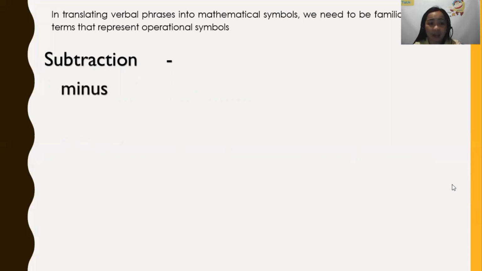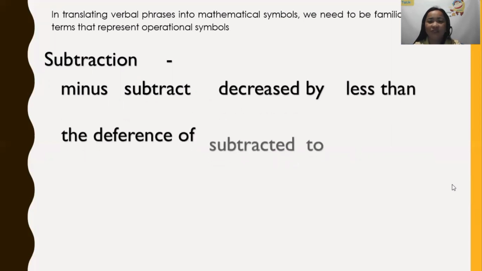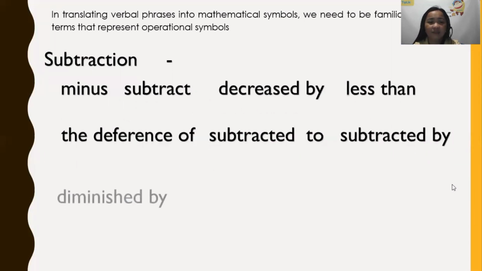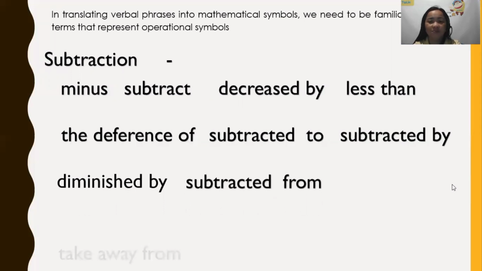We have the term minus, subtract, decrease by, less than, the difference of, subtracted to, subtracted by, diminished by, subtracted from, and take away from. We have the word less, and we also have the word less than. So these are the words that represent subtraction.